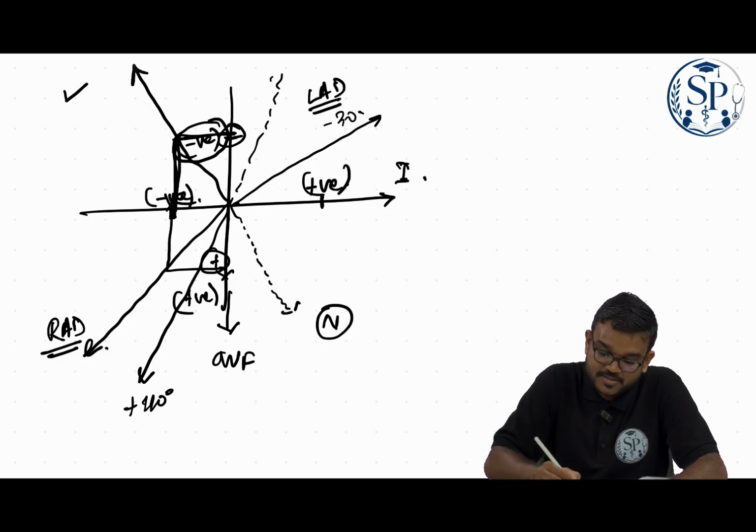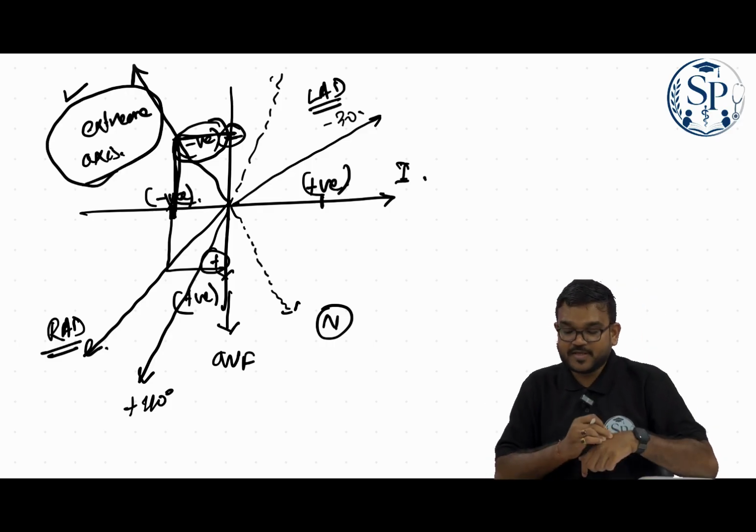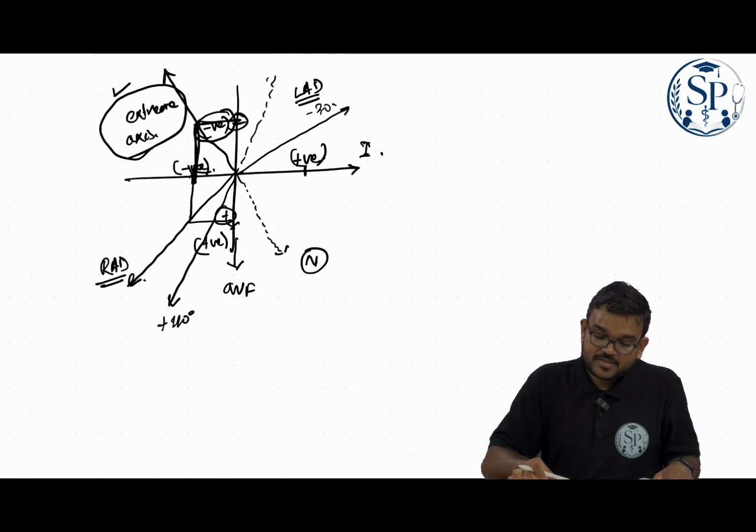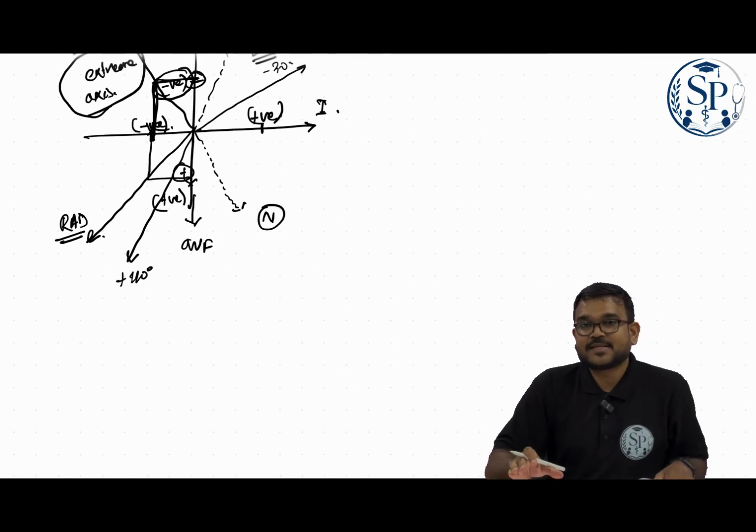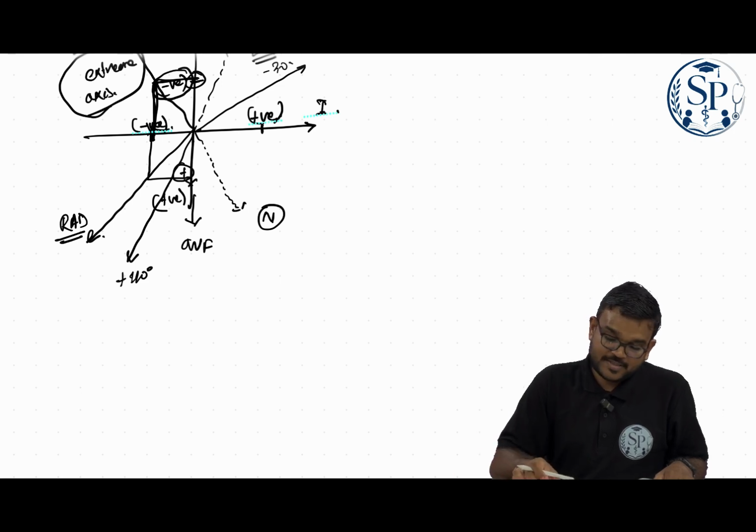Okay, so this falls in extreme axis. So this is the concept of the hexaxial system, where we can calculate the axis of the ECG.